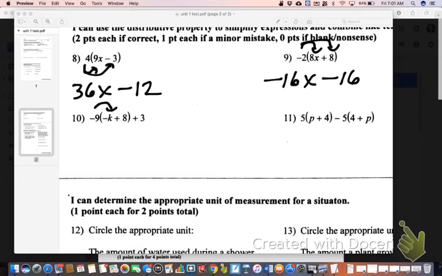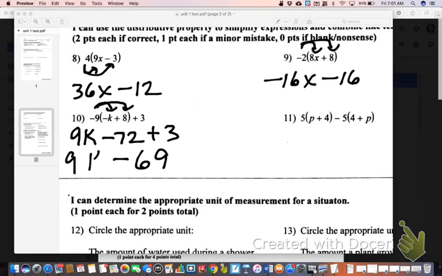Negative 9 times a negative k is a positive 9k, not a negative, like a lot of you guys said. And then a negative 9 times a positive 8 is a negative 72. Some people put a positive 72. So when I bring down that 3 that goes with it, negative 72 plus 3 is a negative 69. So that's why my final answer is 9k minus 69.